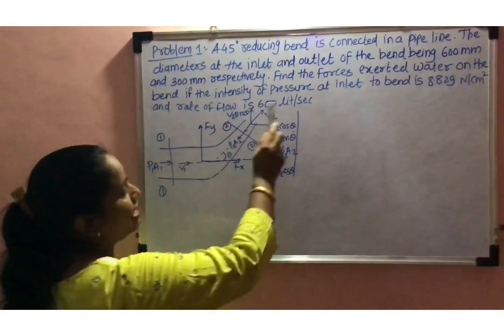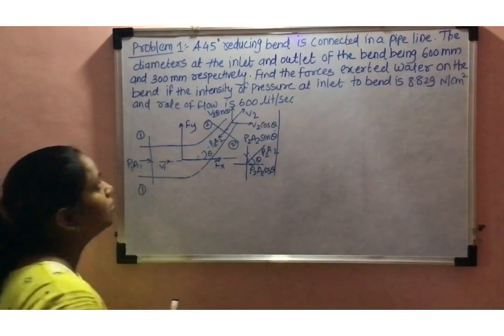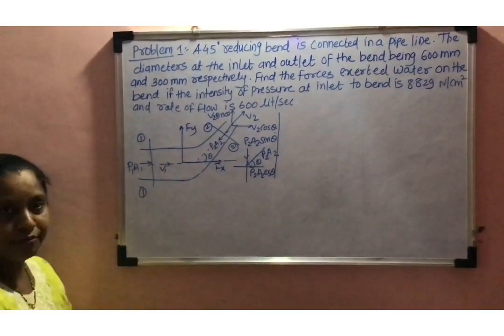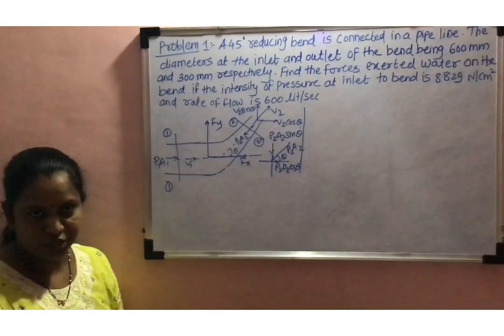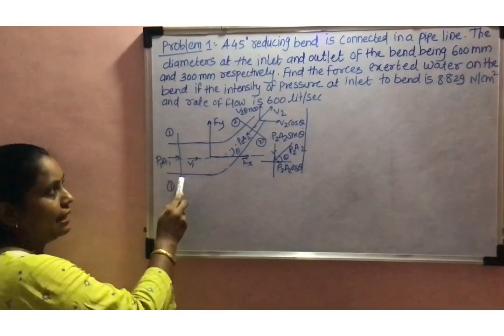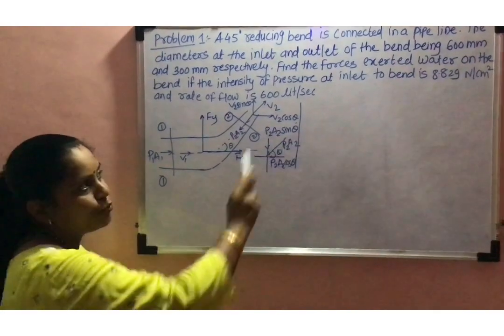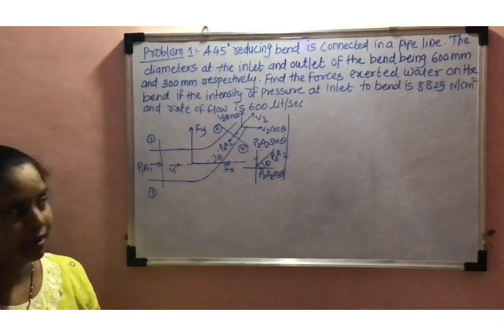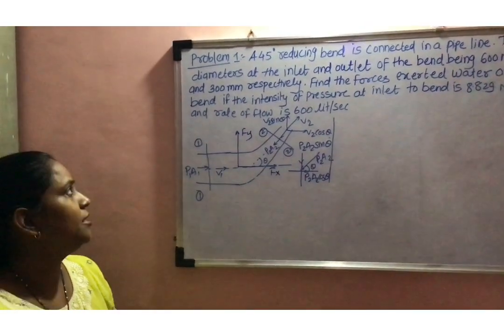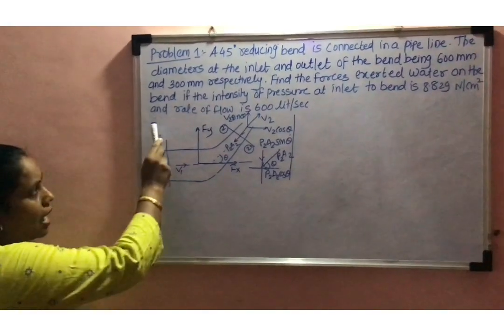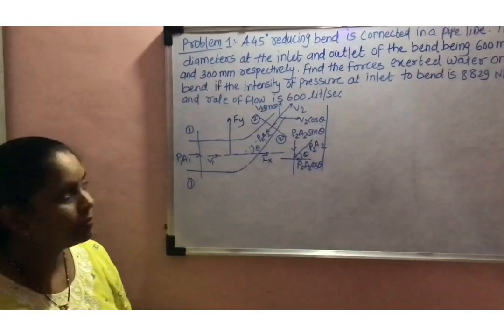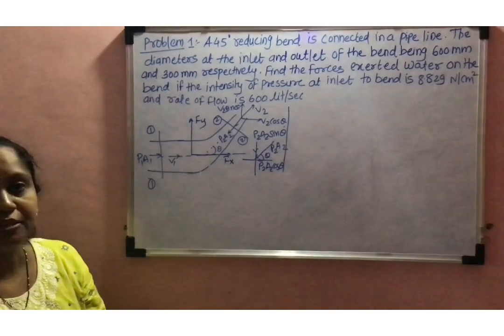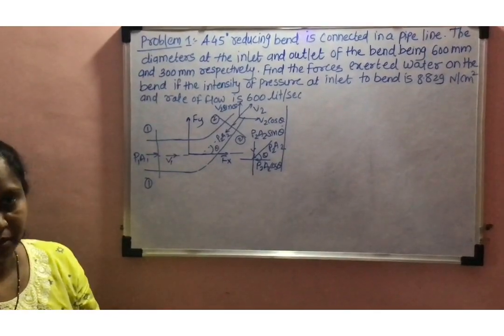So we have to find out the force exerted on the bend if intensity of pressure at the inlet is 8.829 Newton per centimeter square and rate of flow is 600 liter per second.